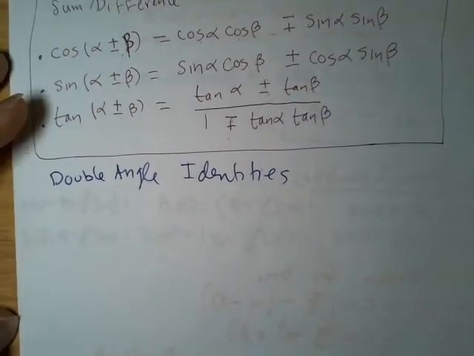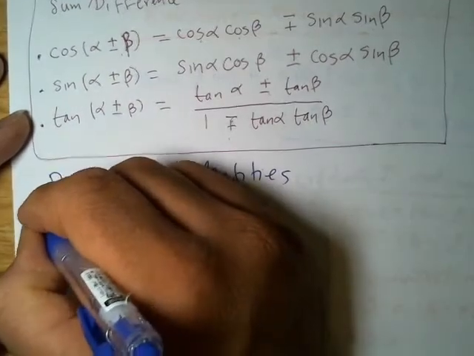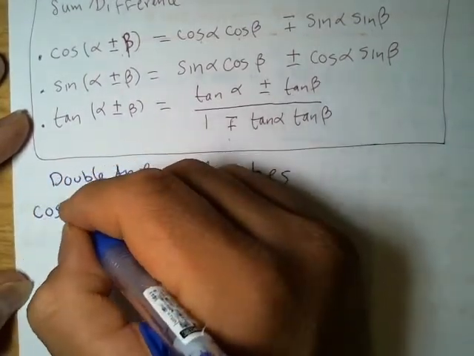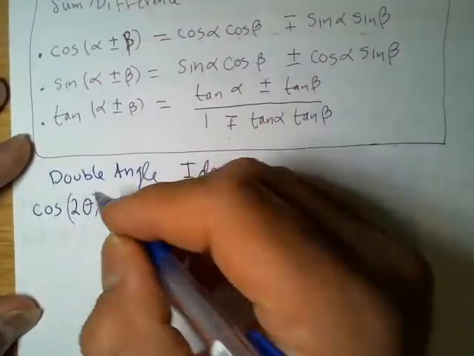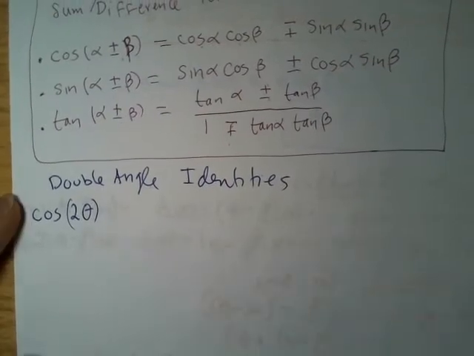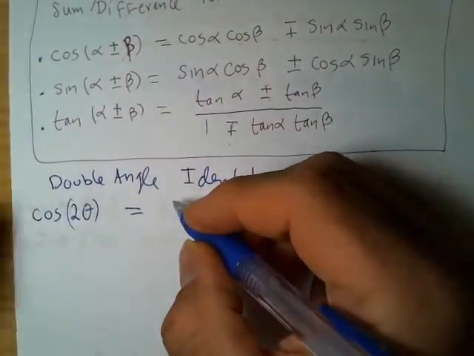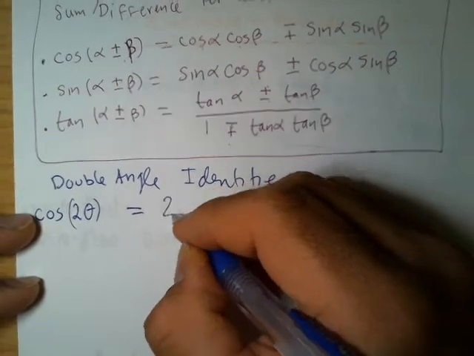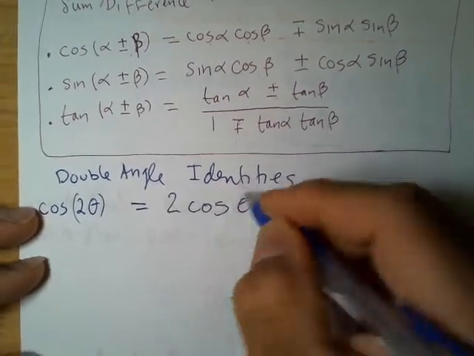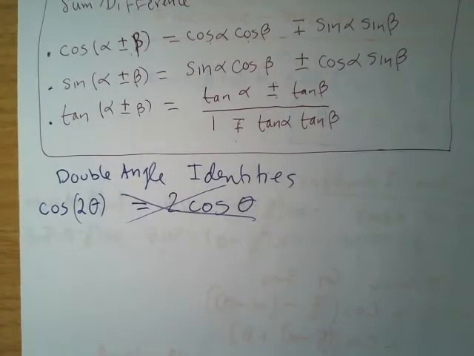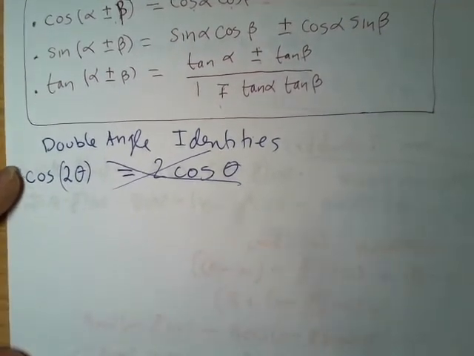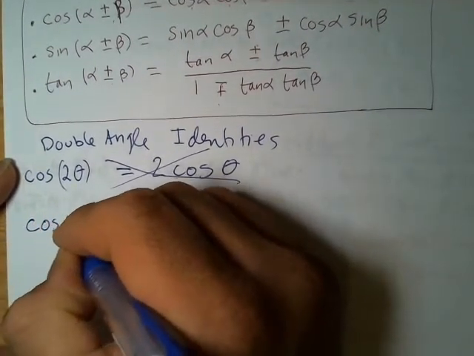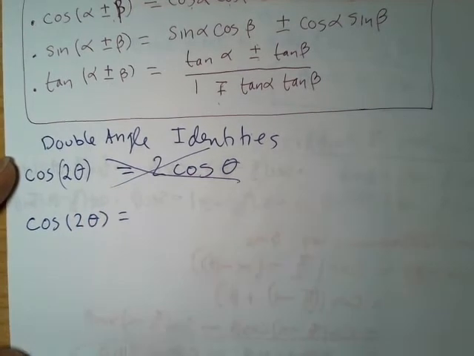The next identity we're going to prove is the double angle, in other words, cosine of 2 theta. I want to stress that this does not work like an algebraic function where you think cosine of 2 theta is just 2 times cosine theta. This is not correct. These are circular functions. They have their own rules, and we're here trying to prove what those rules are.